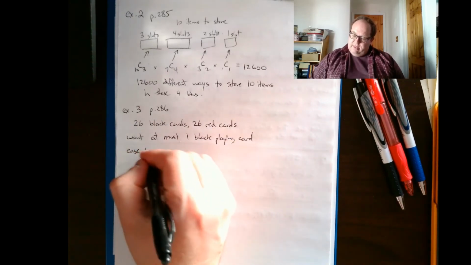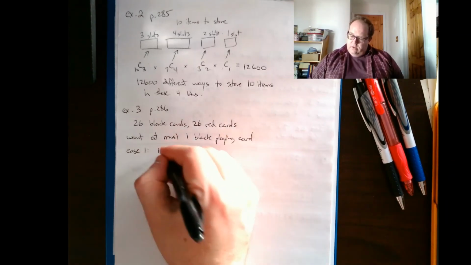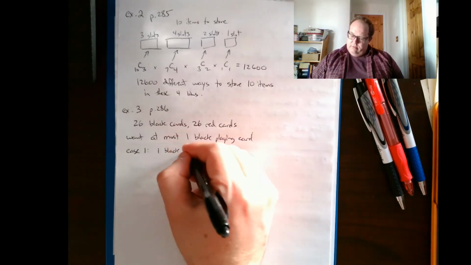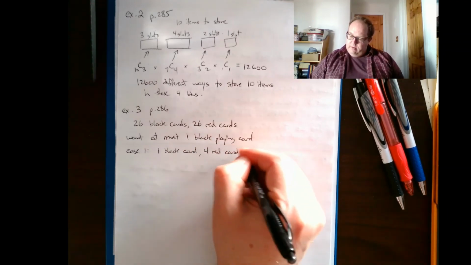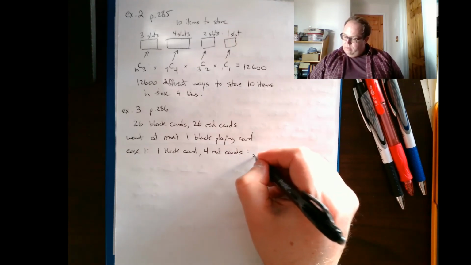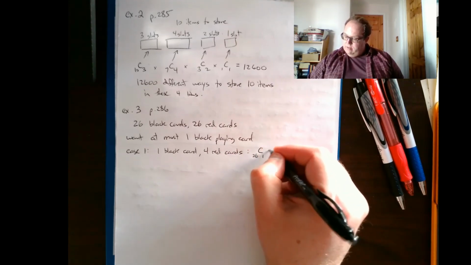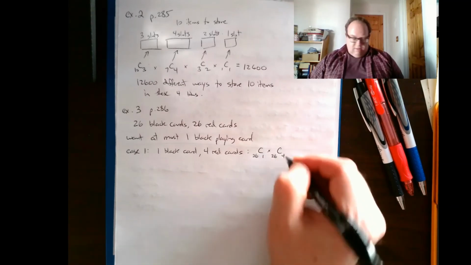So we can break this into cases. In the first case, we have 1 black card, 4 red cards. That means I have to choose 1 black card out of the 26 black cards and 4 red cards out of the 26 red cards.